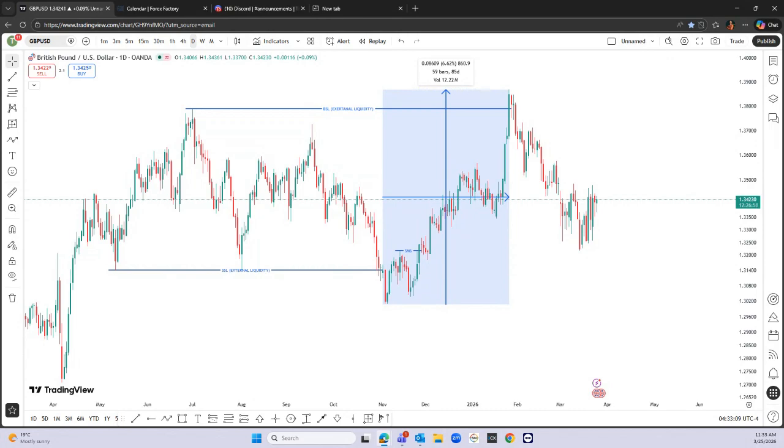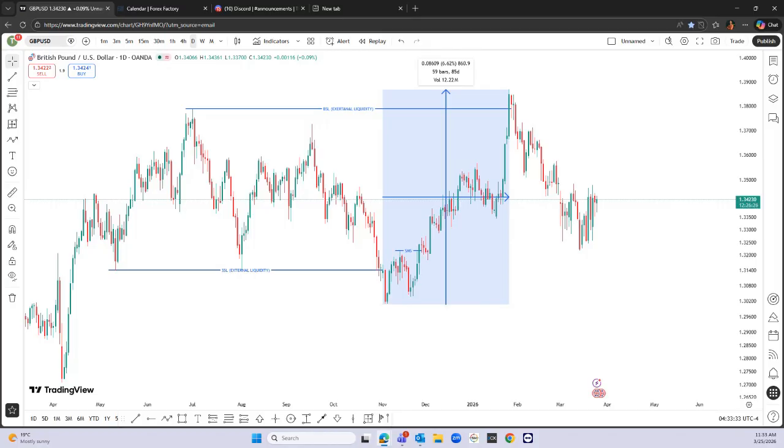So that now tells you there is the need for multi-time frame alignment. Think of it like this: the higher time frame gives you the direction, and the lower time frame is for execution, because the higher time frame tells you what to do and the lower time frame tells you when to do it.